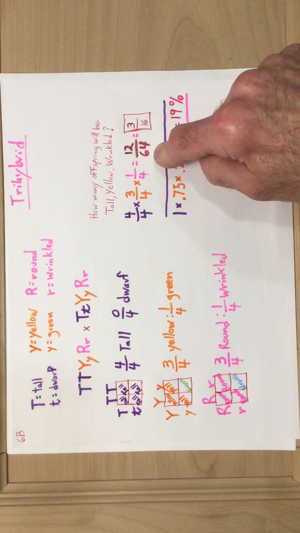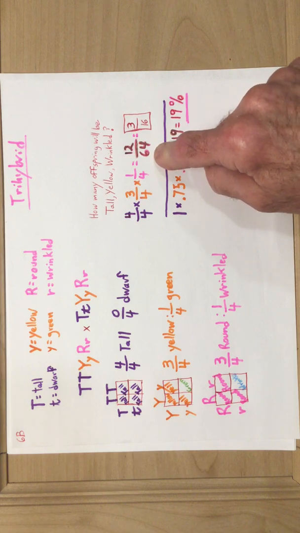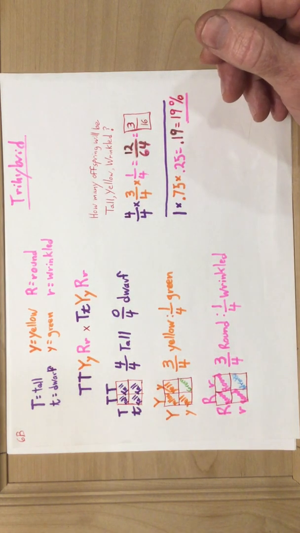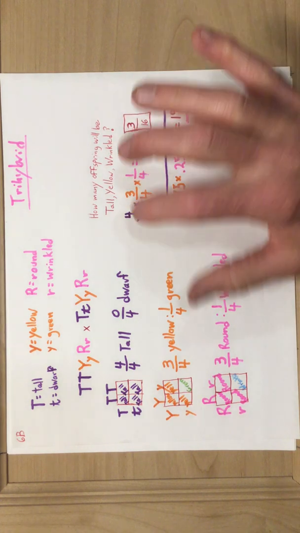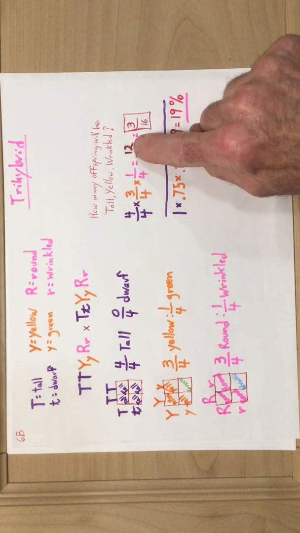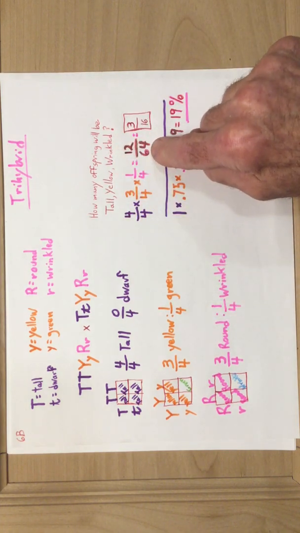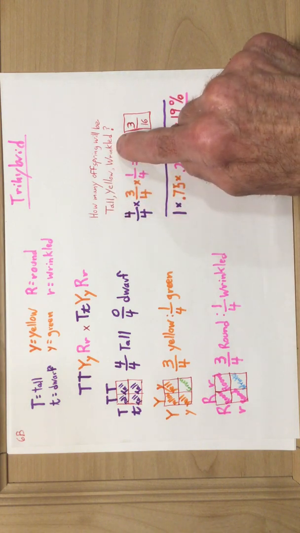Okay, so when you figure out collective probability, or the overall probability of things happening concurrently, it's just the product of their individual probabilities. 4/4, 3/4, 1/4. I multiply across: 12 out of 64. So there's a 12 out of 64 chance of getting a tall, yellow, wrinkled plant.